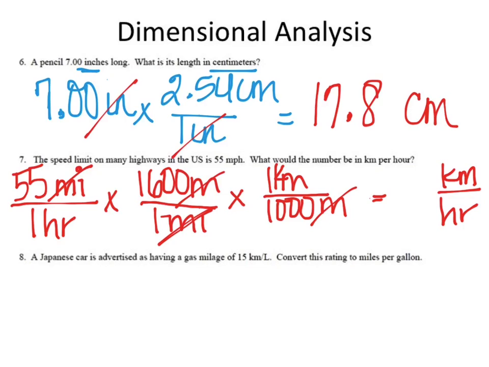What do you get to 2 sig figs? 88. Questions?